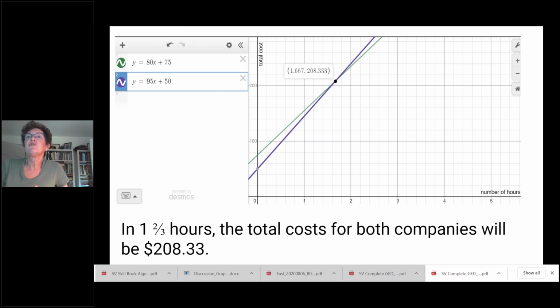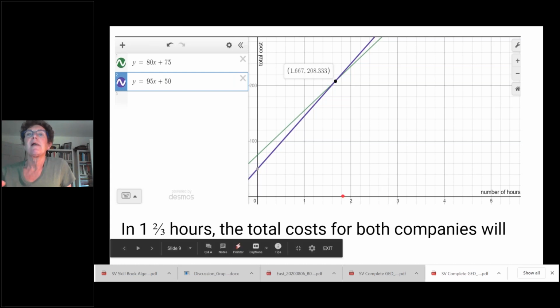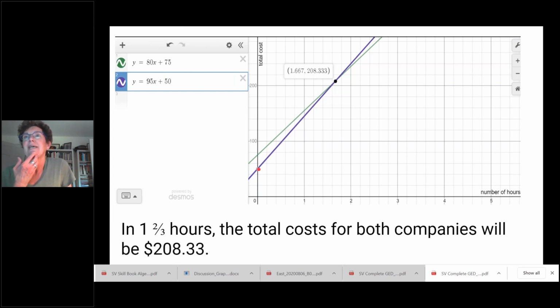Now, if all I'm concerned about is money, and I think the quality of both repair companies is the same, that they will do an equally good job for me, then I would want to know how long they think this repair is going to take.